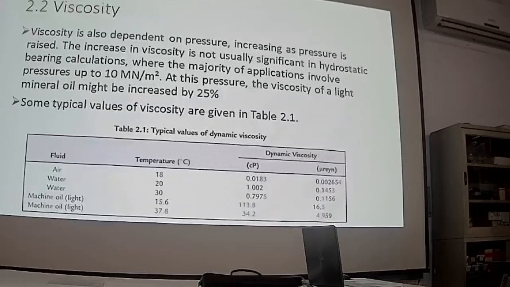And for the lubricant oil at 15 degrees and 37 degrees, the lubricant viscosity is reduced from 113 to 34. So the higher the temperature, the lower the lubricant viscosity.